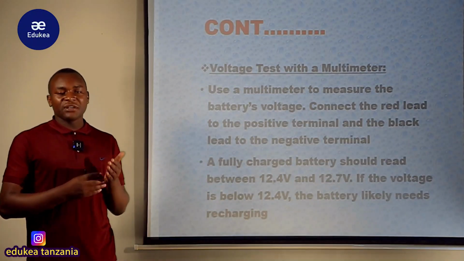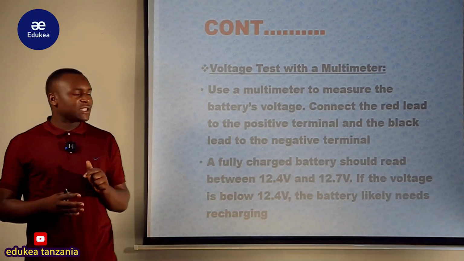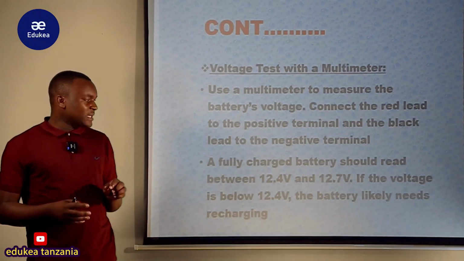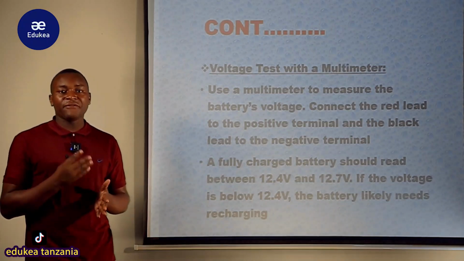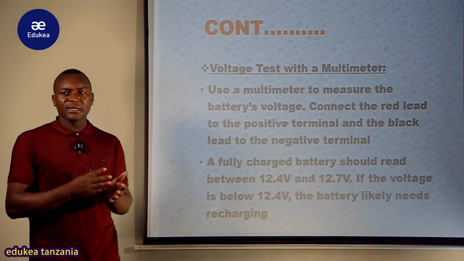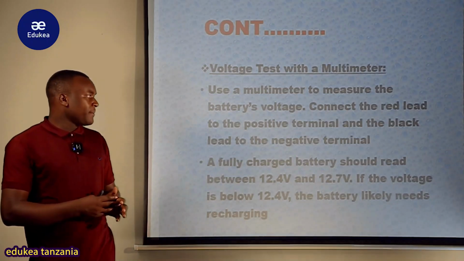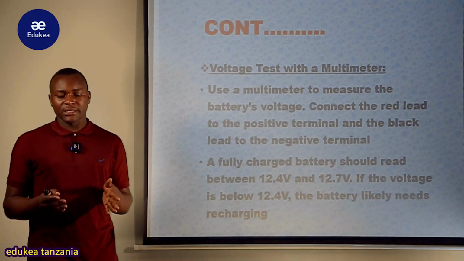You can do a voltage test with a multimeter, and we know a fully charged battery will read 12.4 or 12.7 volts. That is the fully charged battery. So below that, you will know that your battery needs to be recharged. But remember to put the terminals correctly.